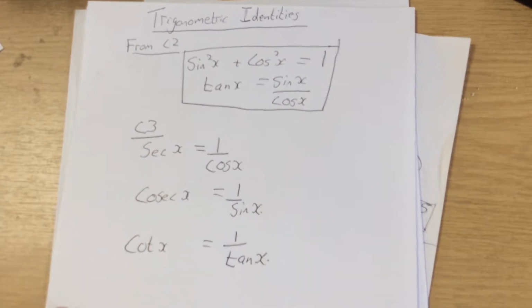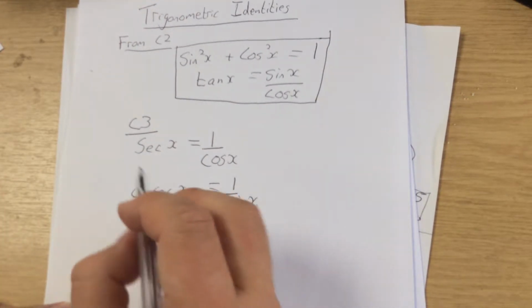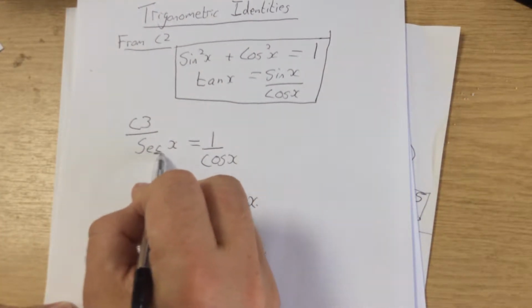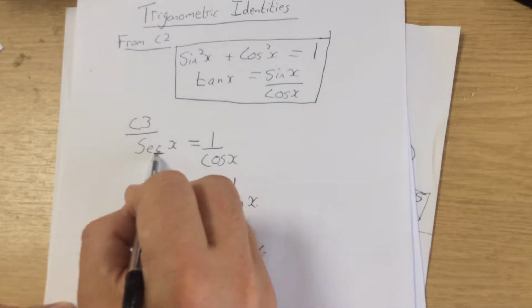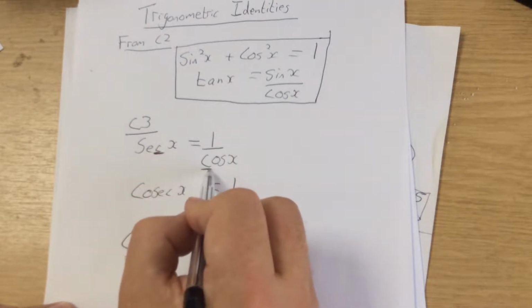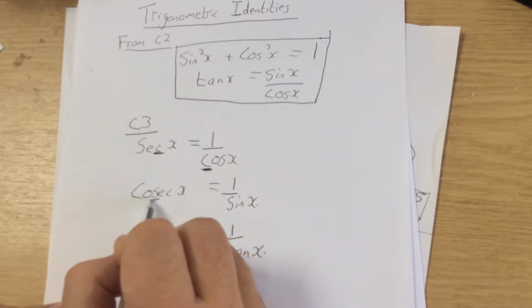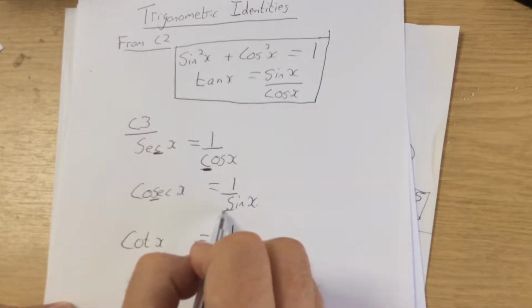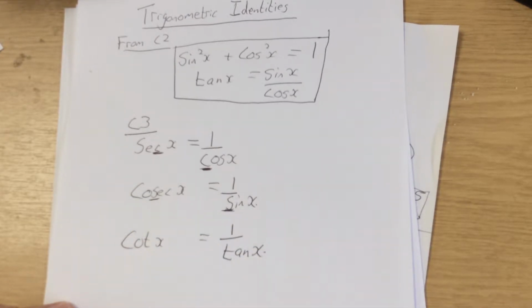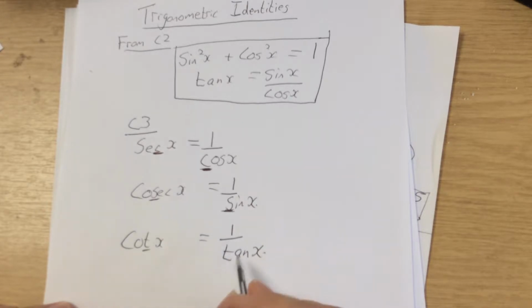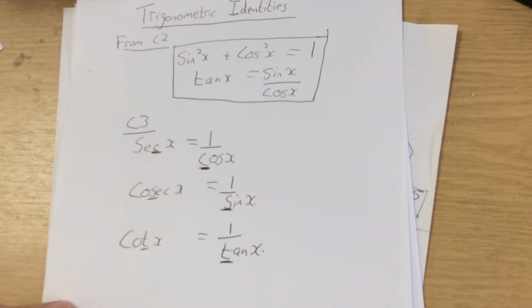A way I remember this is if you're looking at sec, the third letter of sec is equal to the first letter of cos. The third letter of cosec is the first letter of sine, and the third letter of cot is the first letter of tan.